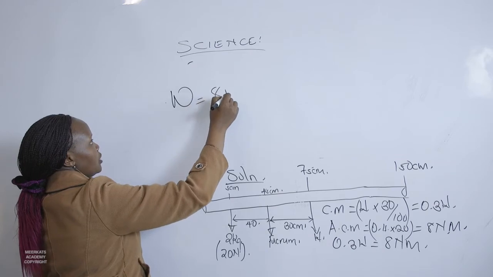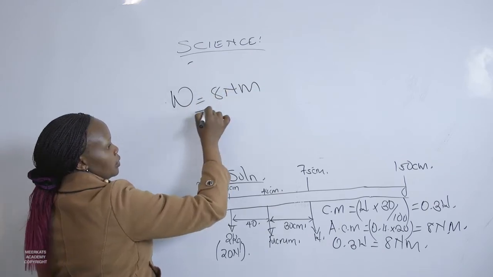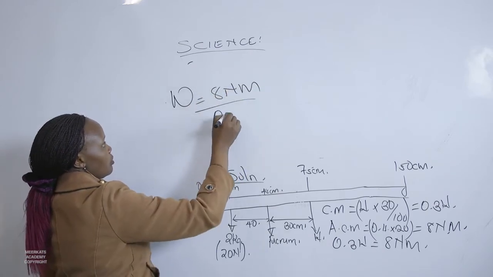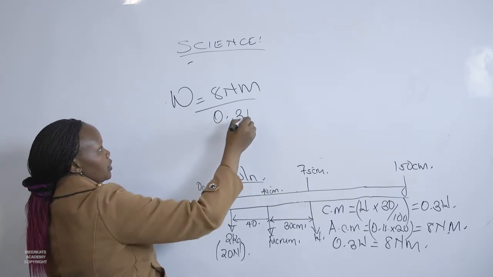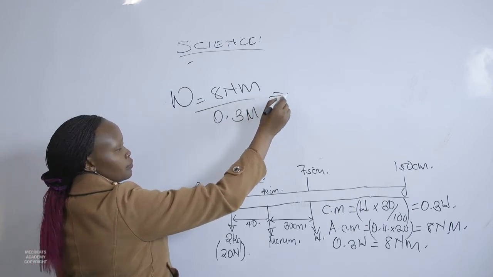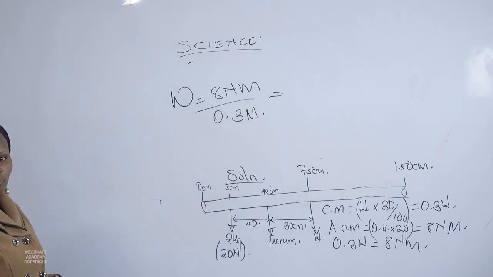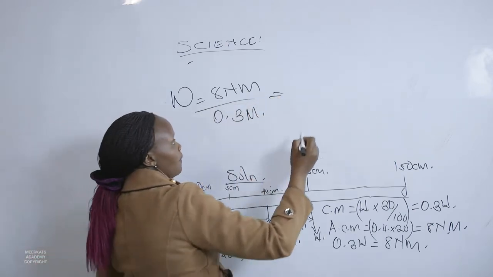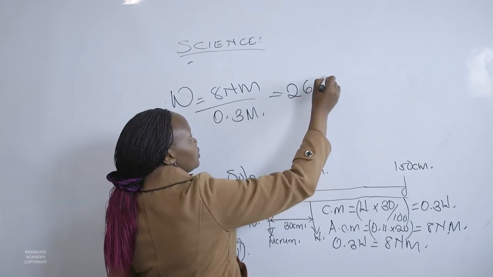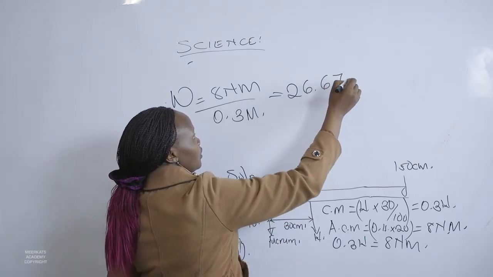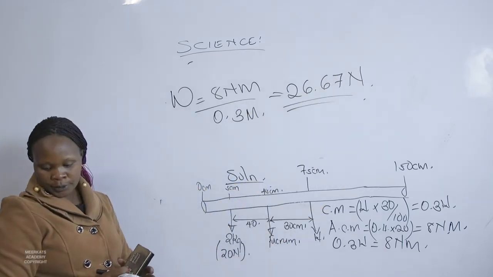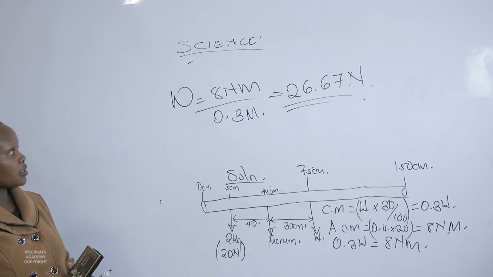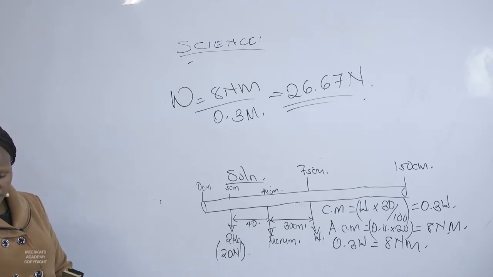Weight will be 8 Newton meters divided by 0.3 meters, which is 26.67 newtons.